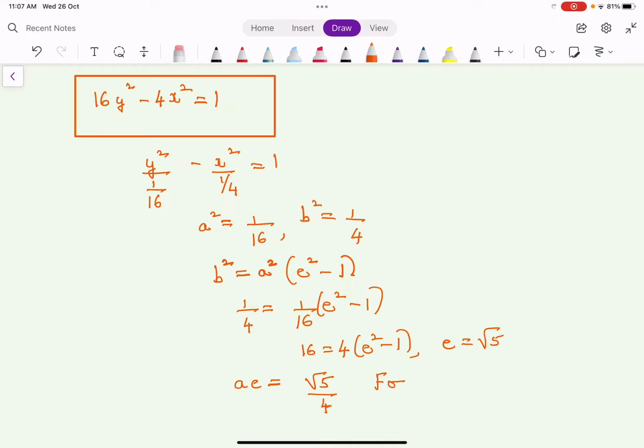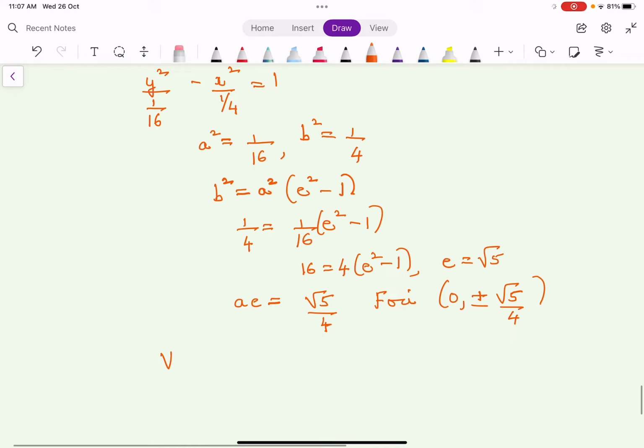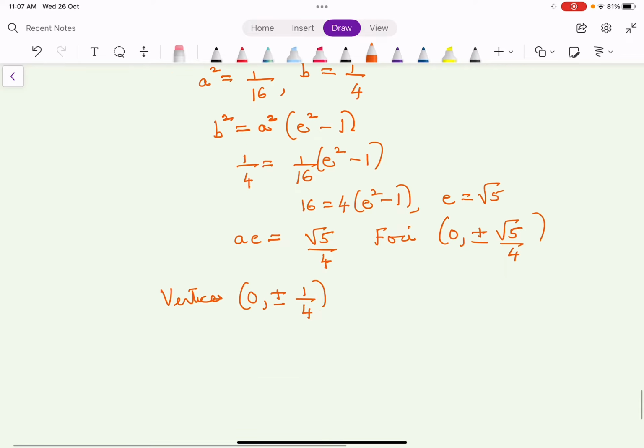So your foci are 0 plus or minus AE, that is 0 plus or minus root 5 by 4. Then you have the vertices. Vertices are 0 plus or minus a, that is 0 plus or minus 1 by 4. Length of the transverse axis is 2a, that is 2 into 1 by 4, that is half.